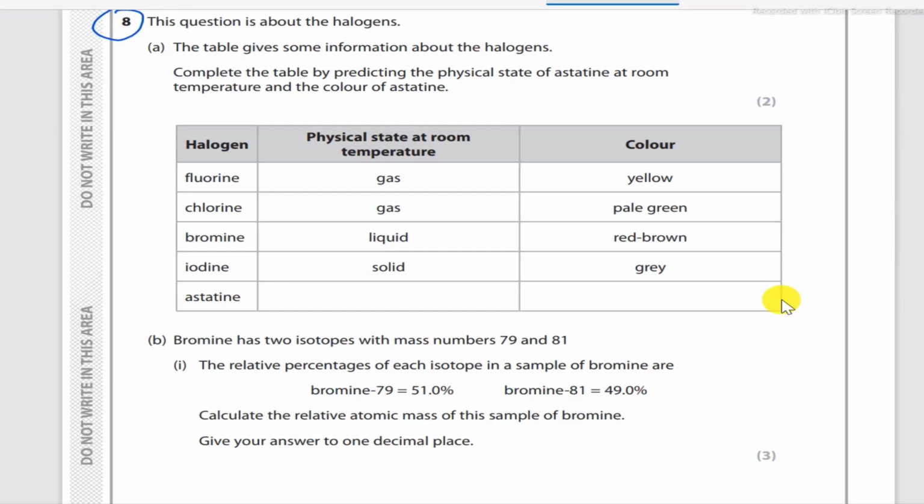Fluorine at room temperature is a gas, chlorine also a gas, bromine a liquid, iodine a solid, and astatine a solid. And the color of astatine is dark gray or black.